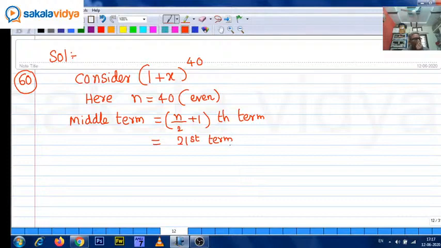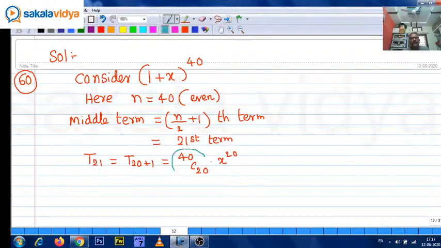So now the greatest coefficient, the coefficient of the 21st term, is the greatest coefficient term. That means actually here T21. This we can write T(20+1) equals 40C20 into x to the power of 20. We need the coefficient only.